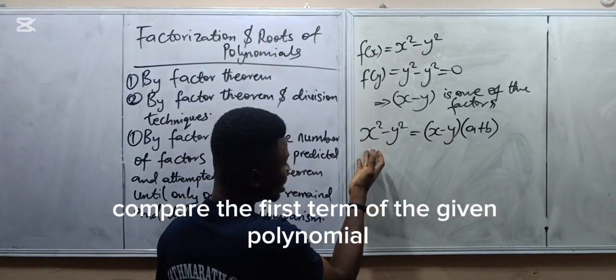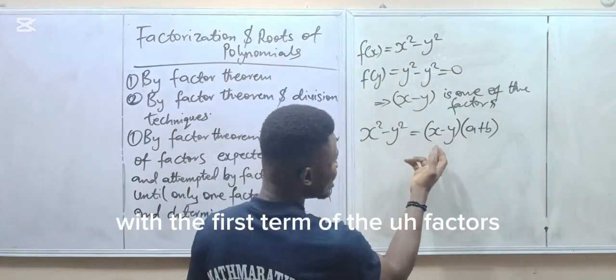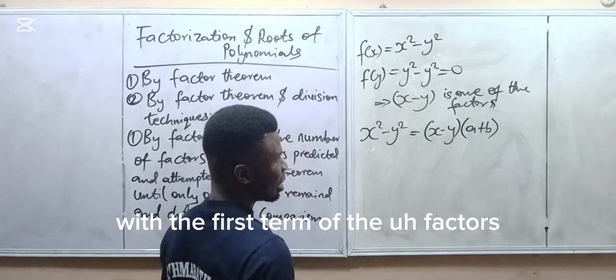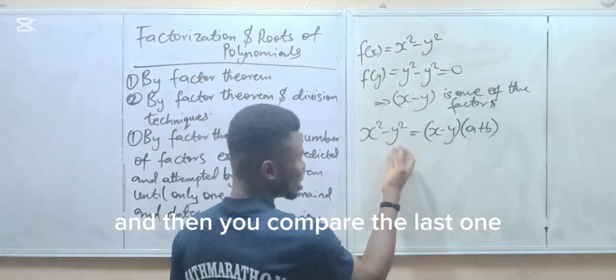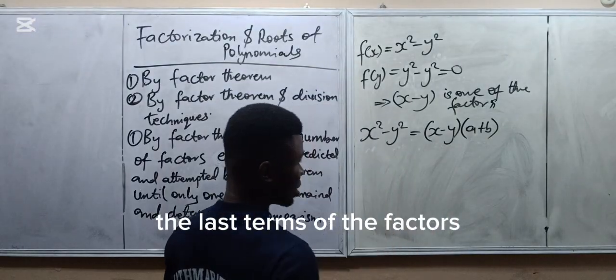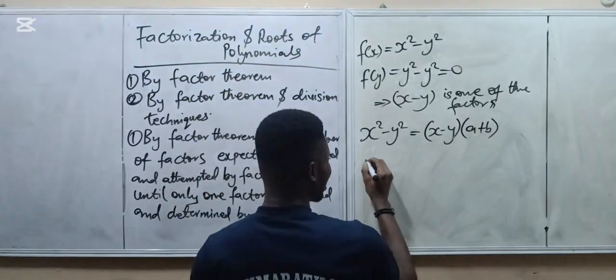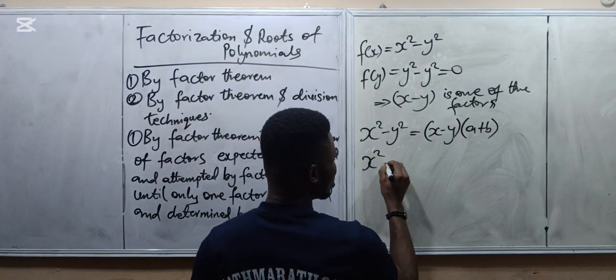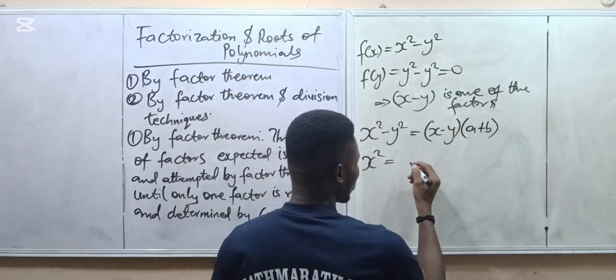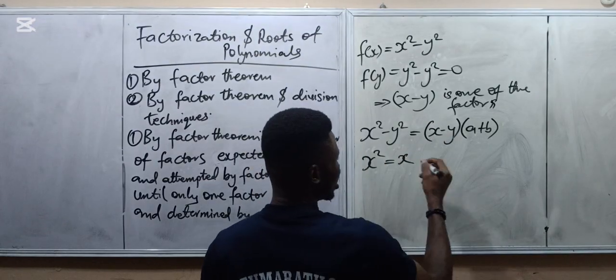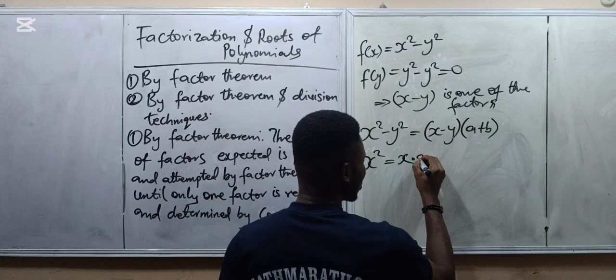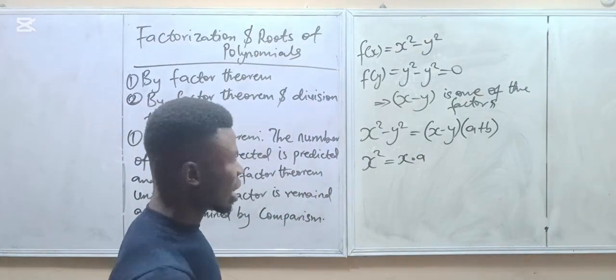Now we have to compare the first term of the given polynomial with the first term of the factors, and then compare the last term with the last terms of the factors. That is, x squared is equal to the first term of this, x, multiplied by the first term of the other one, a.